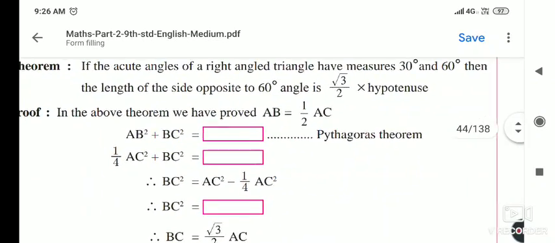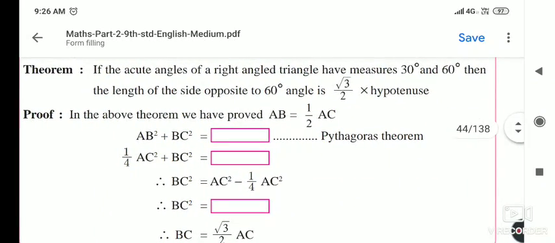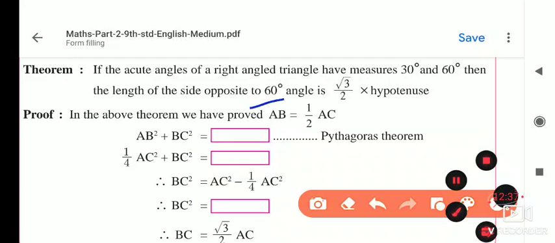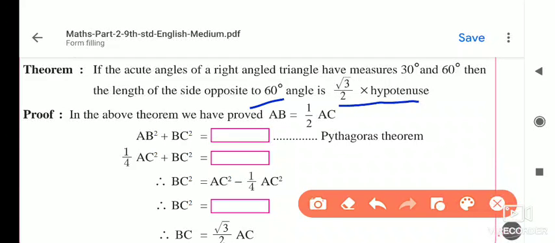So what is the theorem given here? If the acute angles of a right-angled triangle are 30 and 60, then the length of the side opposite to the 60 degree angle is root 3 upon 2 of the hypotenuse. That we have to prove.